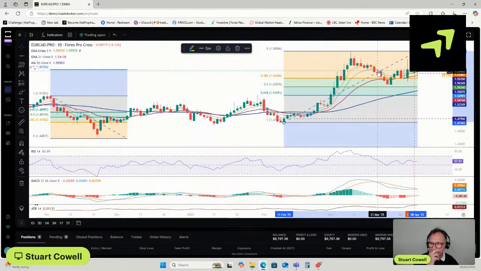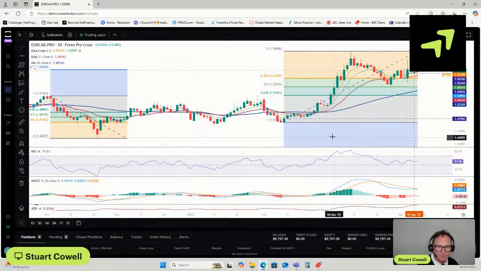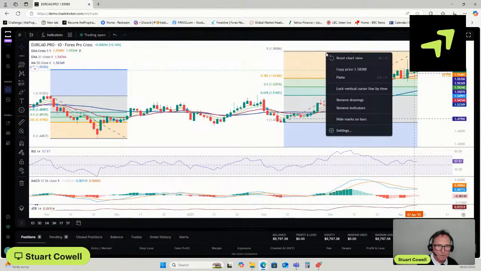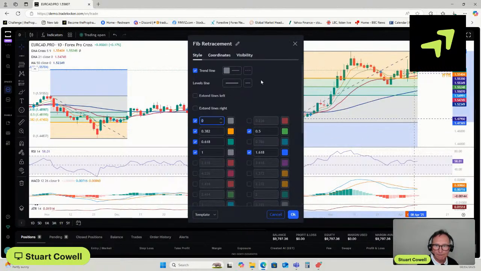I should have said, sorry, I've deleted the 23 from my setup here on the Trade Locker platform, but you can see in the settings of the chart rather than settings of the fib level. So this is a simple fib retracement tool.